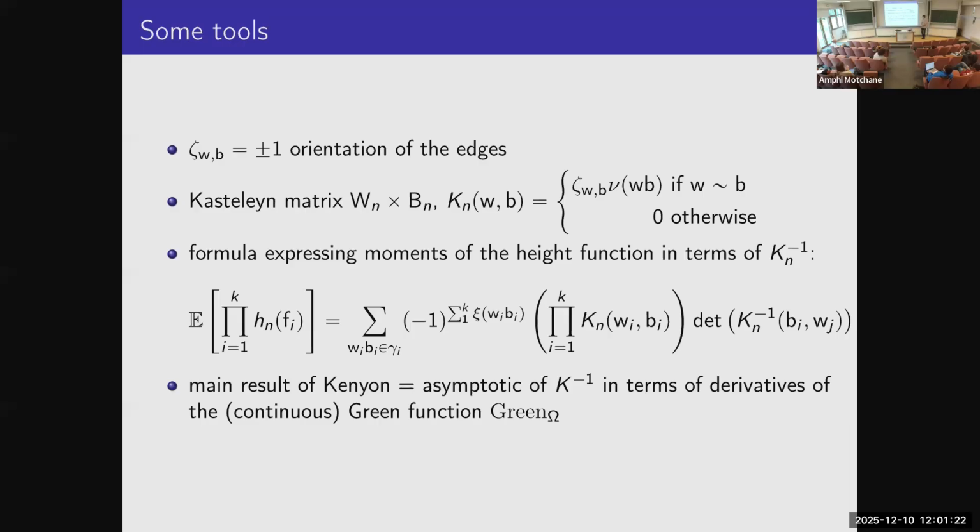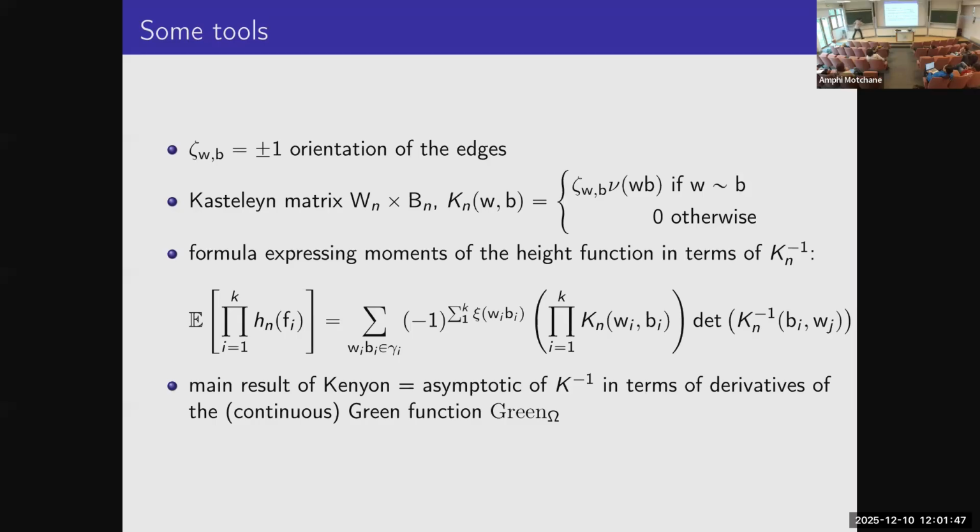Yeah, I'll draw something. So you have your domain. I put a straight boundary there. There's a reason for this, but I'll tell you later. And you want to compute the height function at some faces f1, f2, f3, for example.